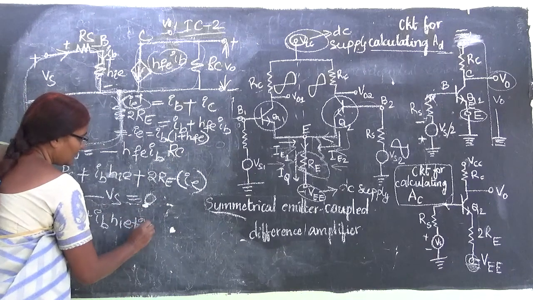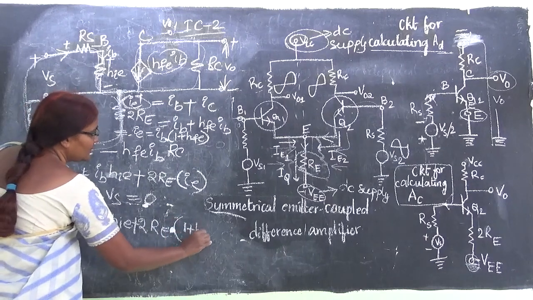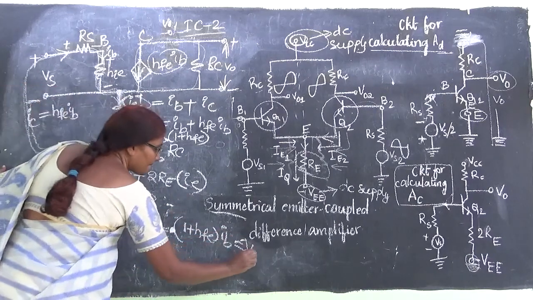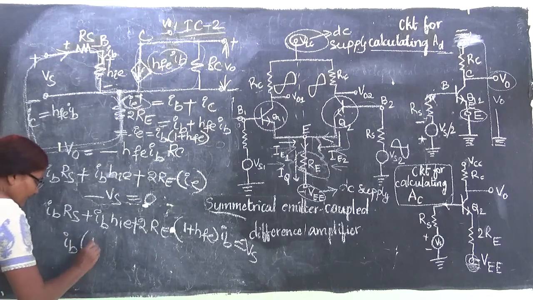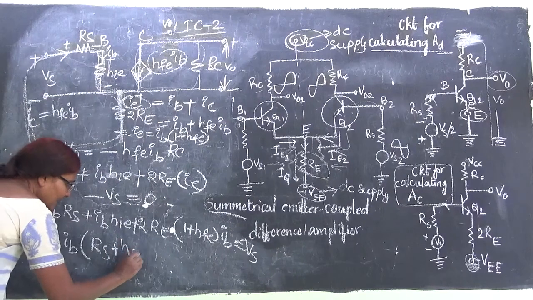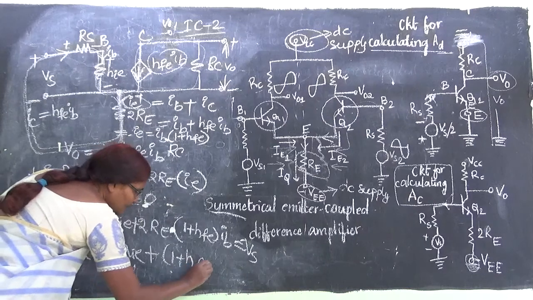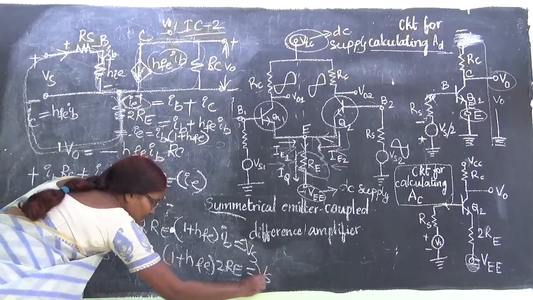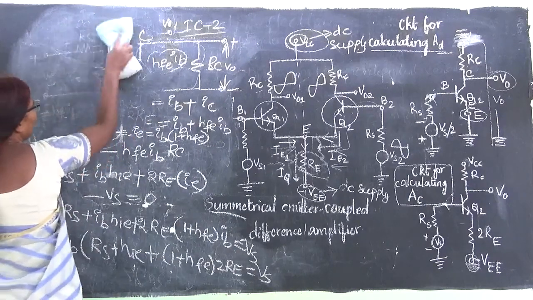So plus 2RE into (1 plus hfe) IB is equal to Vs. If I take IB as common, what I will get is Rs plus hie plus (1 plus hfe) into 2RE, equal to Vs. So what is my IB going to be?